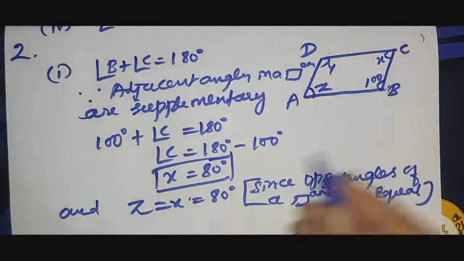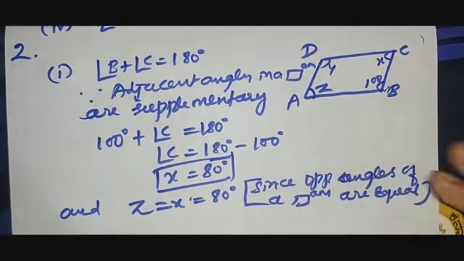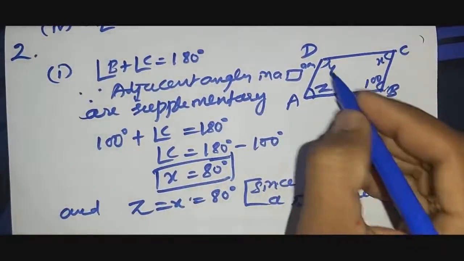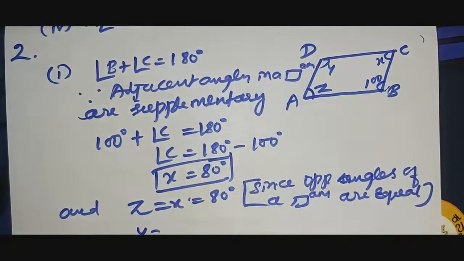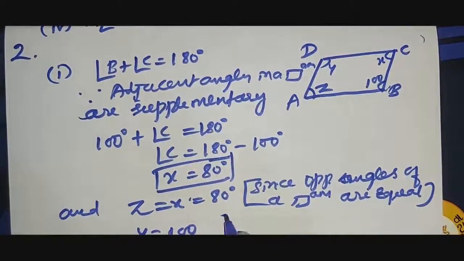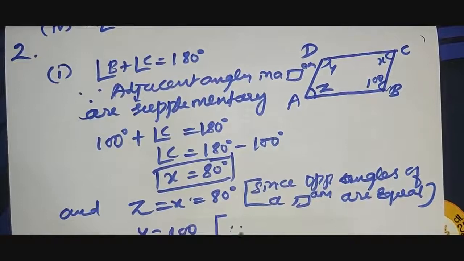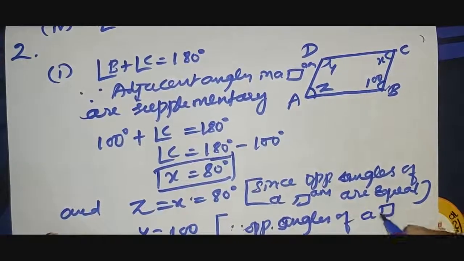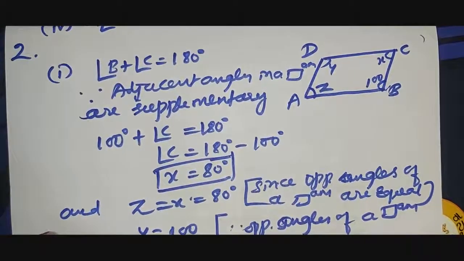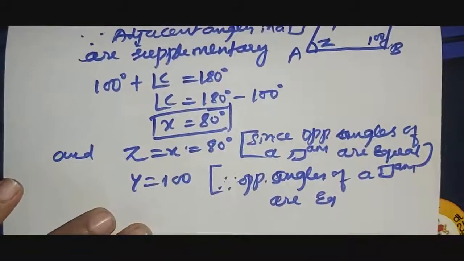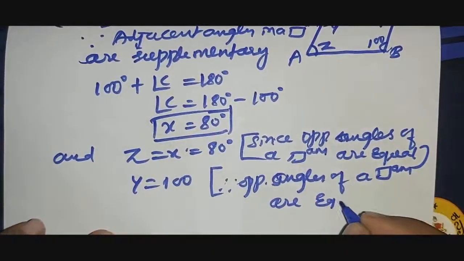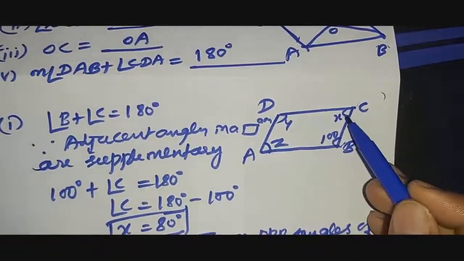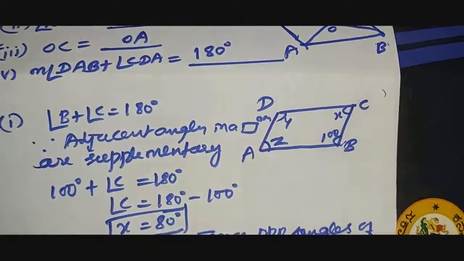And y is equal to angle B, so y is also 100 degrees, because opposite angles of a parallelogram are equal. If we find the adjacent angles, we get the opposite angles equal to each other.